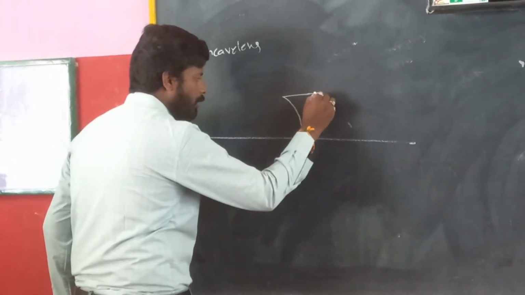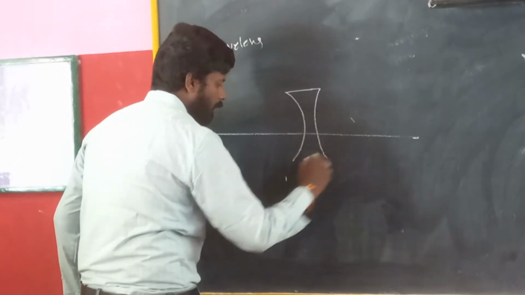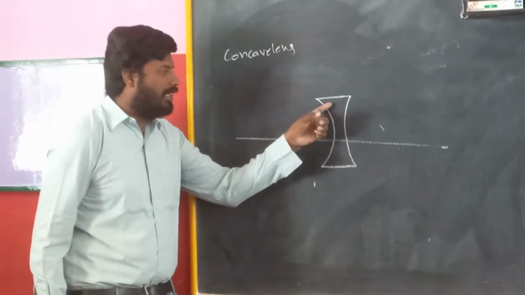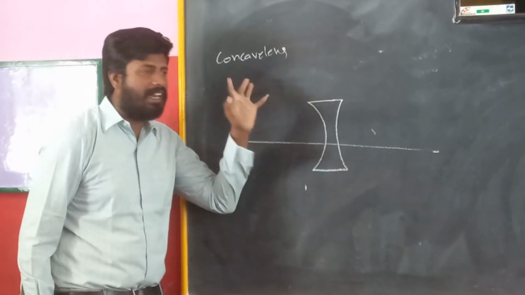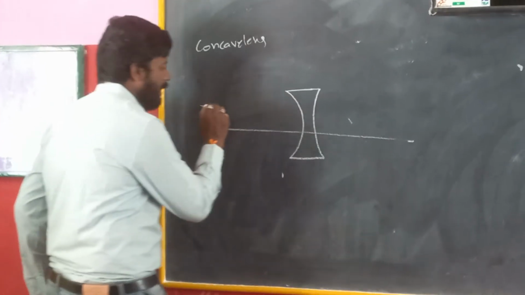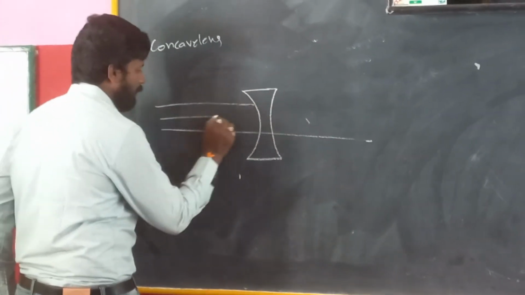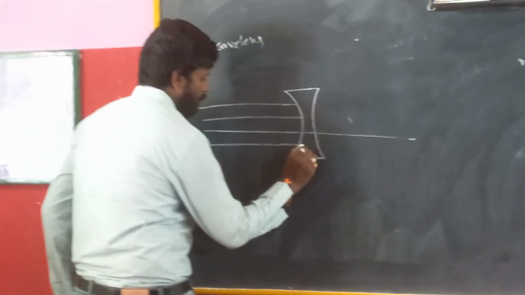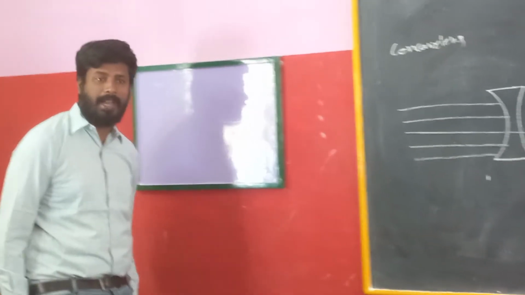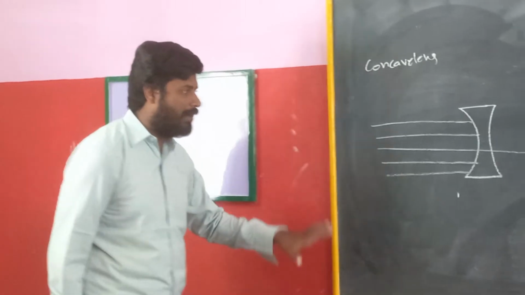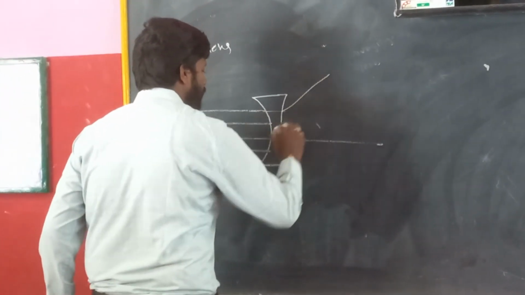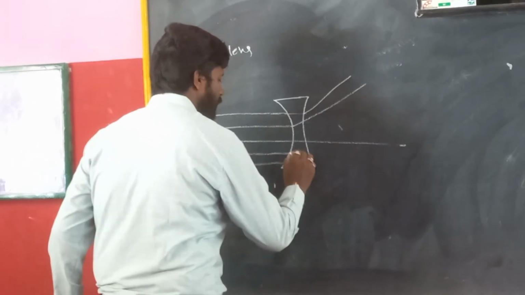I already told you that concave lenses are called diverging lenses. These are thicker at the edges, thinner in the middle, and draw the lines parallel to the principal axis. When a parallel beam of light rays which are parallel to the principal axis pass through the concave lens, they always diverge.